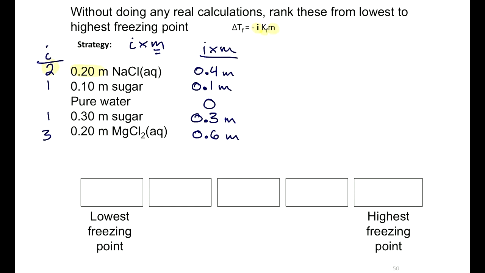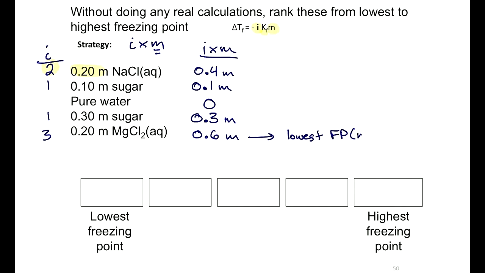So remember, these colligative properties, they depend on the concentration of solute particles present. So which solution is going to have the lowest freezing point, the most freezing point depression? The magnesium chloride, because it has the highest concentration of salt present. So we're going to see that magnesium chloride is the lowest freezing point, okay?